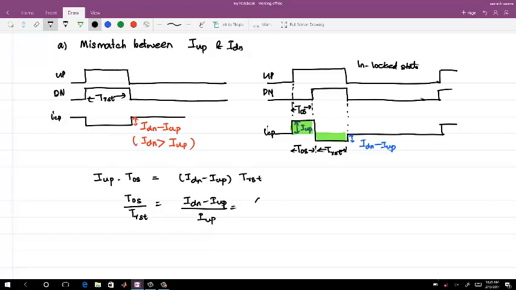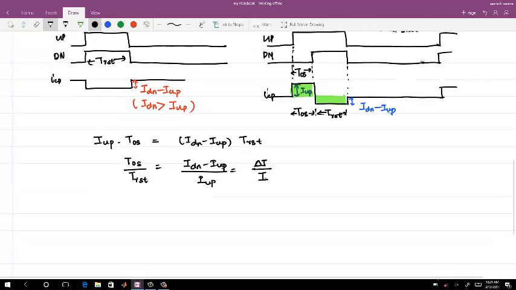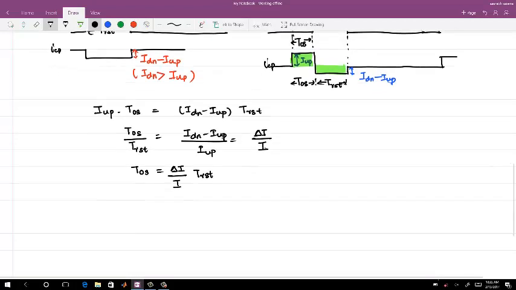And I'm now writing this as delta I by I. So you get an offset period which is proportional to the mismatch in the current.